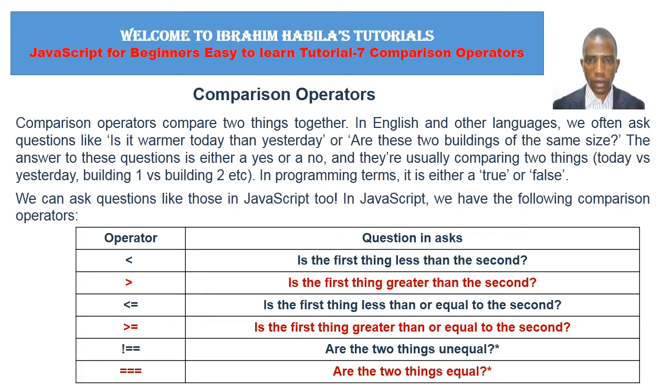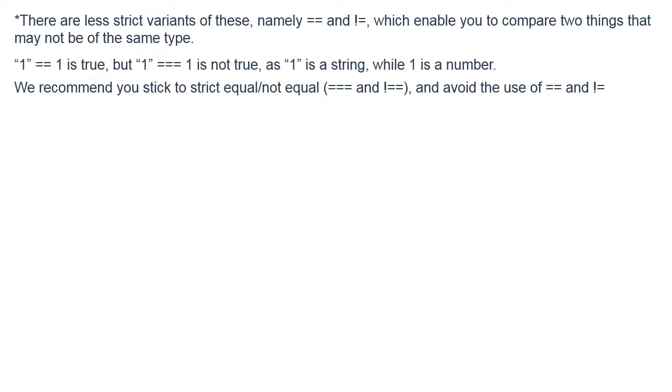We have triple equality: are the two things equal? There are less strict variants of this, namely double equality and exclamation with equality, which enable you to compare two things that may not be of the same type.